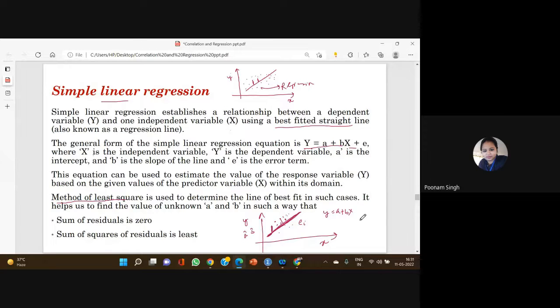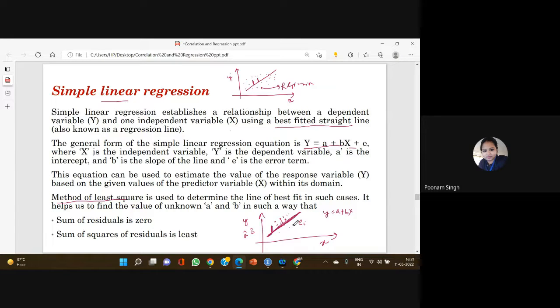Because in most cases it is not necessary that your data points lie on a straight line. You know, they are not highly correlated in all cases. So it leads to the possibility of depicting the relationship between two variables in several ways. So obviously there will be several lines.